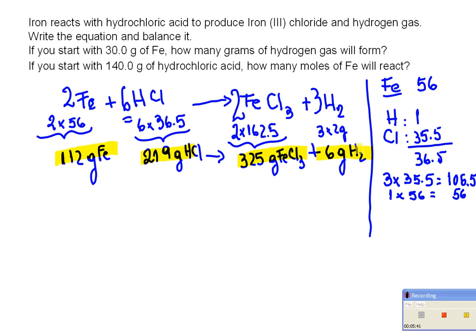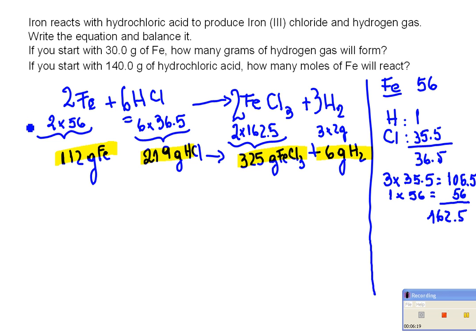So you need to verify that before doing any calculations. So once we calculated the amount of masses with the moles, this one is, by the way, 162.5.